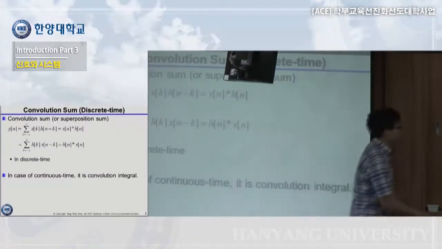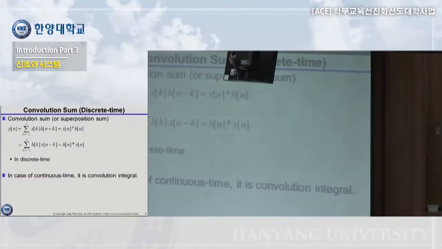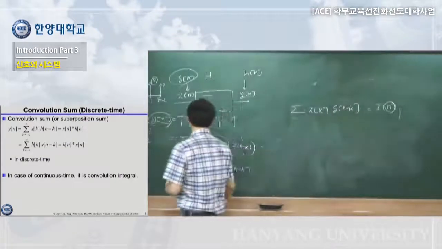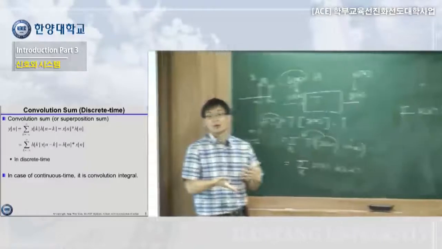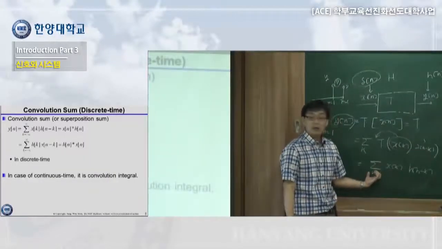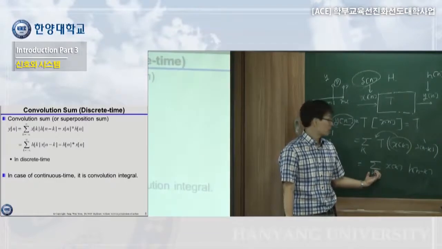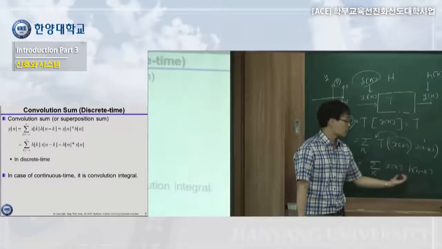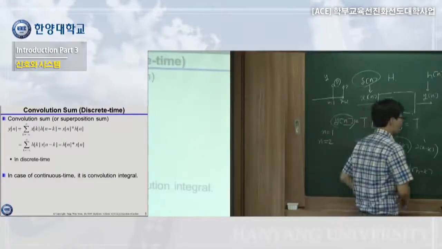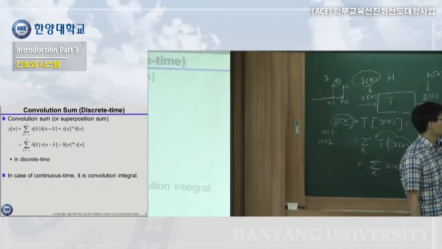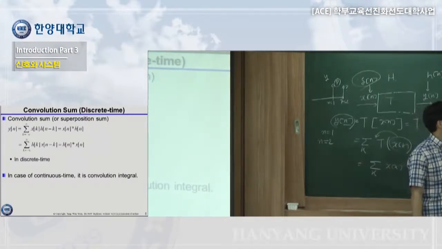Convolution is a repeating form: sigma from minus infinity to infinity of x[k] and h[n minus k]. So we can have the same form here: summation from minus infinity to infinity, x[k] and h[n minus k].